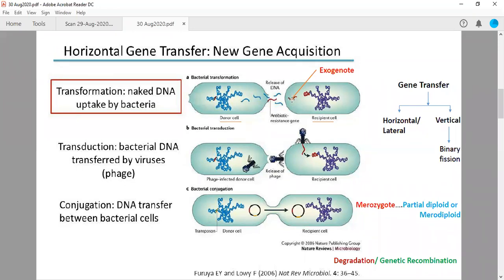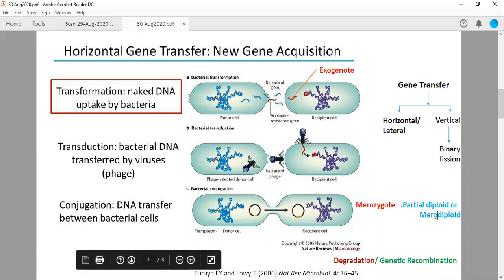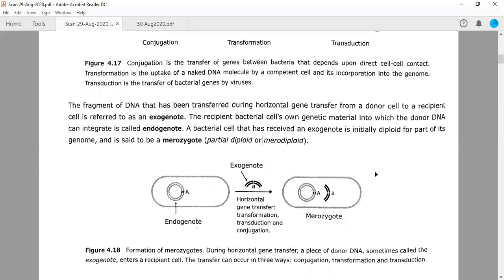Suppose it has one or two or three genes, but this chromosome has thousands of genes. So this is a partial diploid condition, not a completely diploid condition. This is also called merodiploid or partial diploid, and the cell which has this kind of condition is called a merozygote.